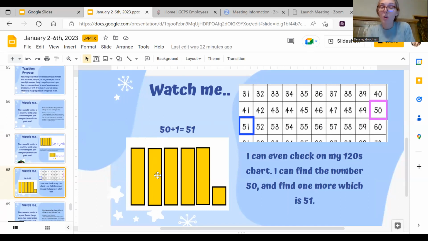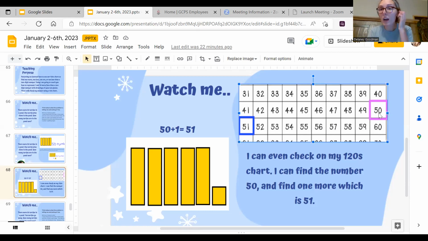So remember, when we use our 120s chart, the first thing we need to do is find the number we started with. What number did we start with? We started with 50 turtles in a pond, okay? So I have my 50 right here. I located my 50 right here. And I know that I'm finding one more, which means my number is getting bigger because more means bigger or larger.